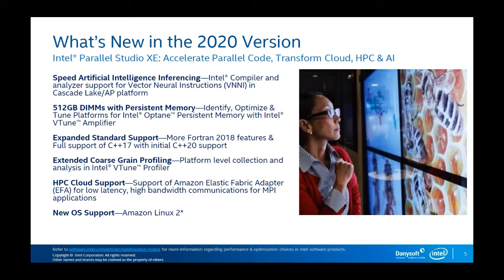Other improvements can be seen because coarse grain profiling is also available in VTune, and it's actually supported over the Amazon cloud, high bandwidth communication by means of MPI, and also the support of the new operating system in this Amazon cloud, known as Amazon Linux 2.